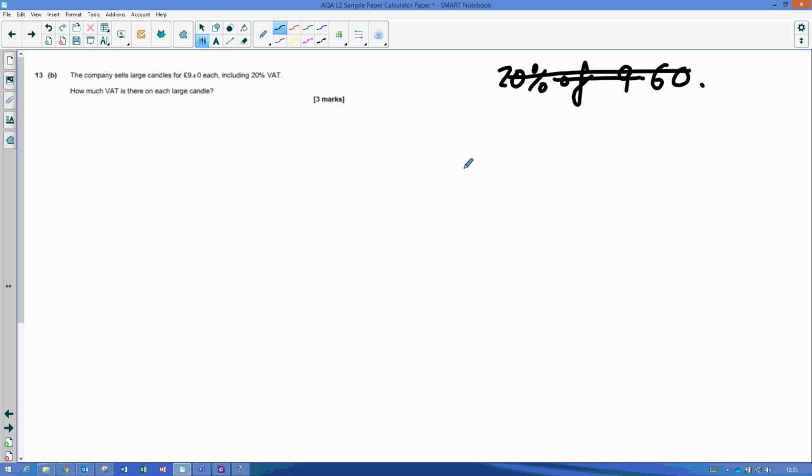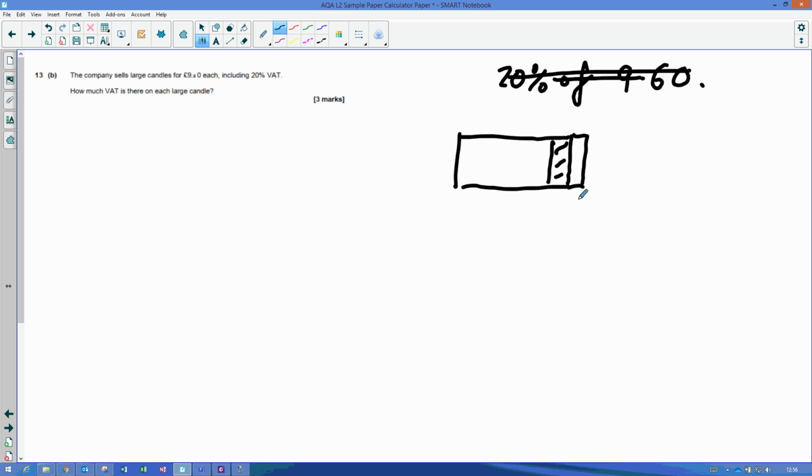So if you imagine the cost of the candle without VAT, and then we find 20% of that and add that on, now you've got something this big.